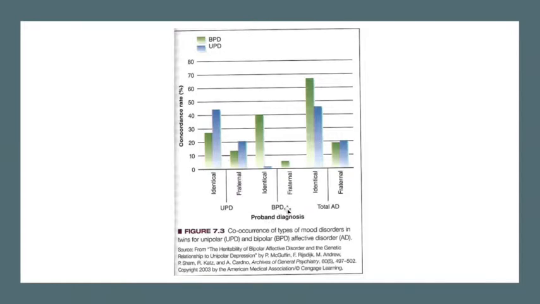So if you're a fraternal twin with bipolar disorder, the chances of the other twin developing bipolar disorder is somewhere around 5%. Okay, so you can see the stark differences in terms of genetic relatedness and how that affects both bipolar and unipolar diagnoses later on, depending on how much genetic relatedness there is between the twins and what kind of condition the index twin has.